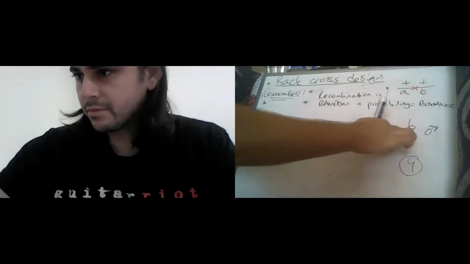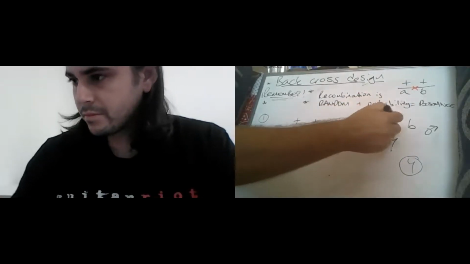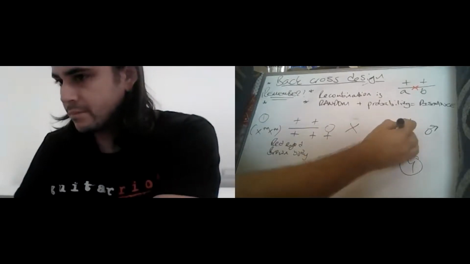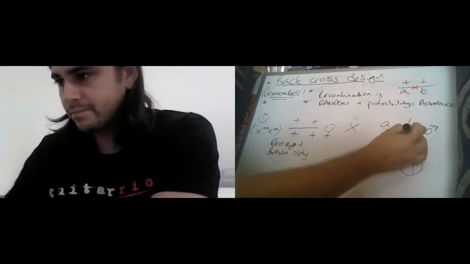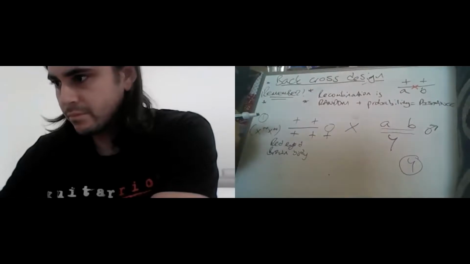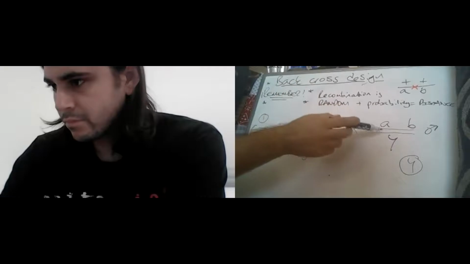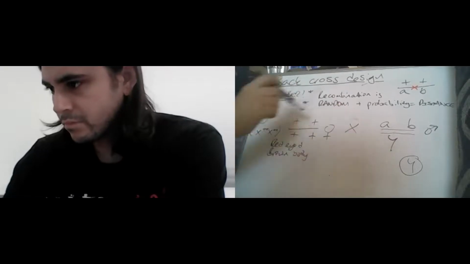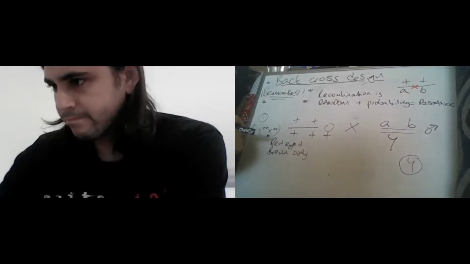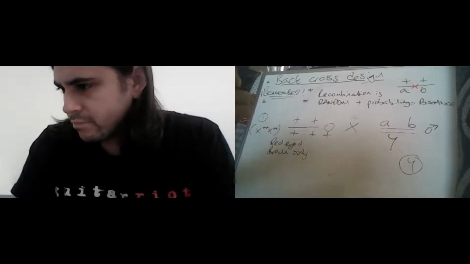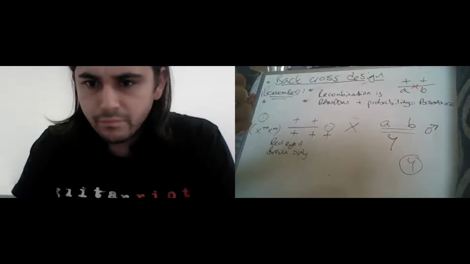Sometimes it helps if I kind of draw it like so. So this one line is the X chromosome, the other line is the Y chromosome. Desiree, 100% correct for this individual.